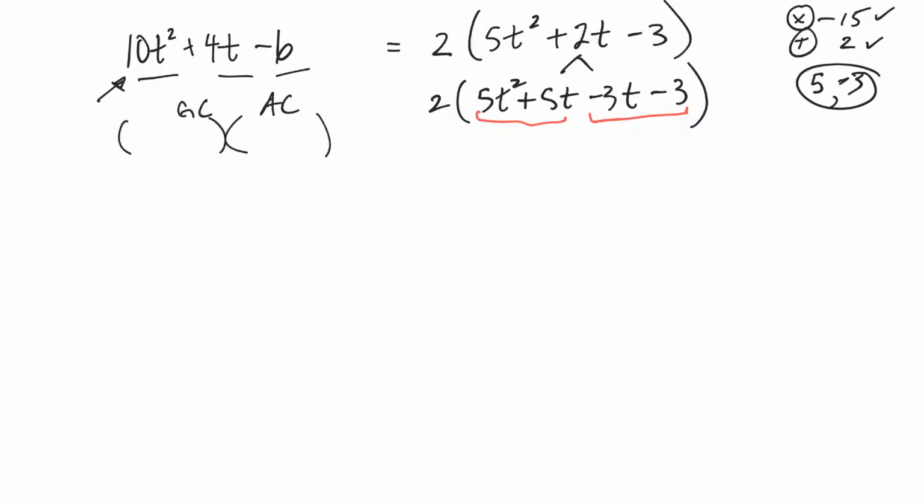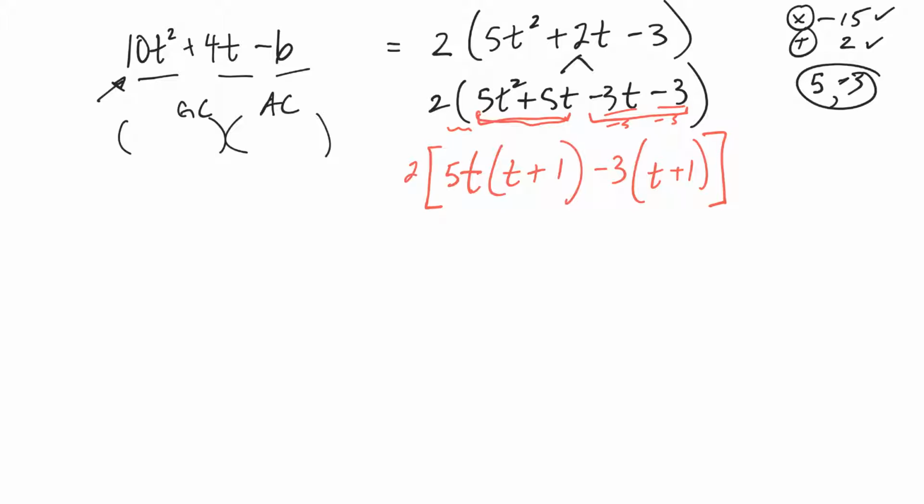I'm going to have sort of a double bracket kind of thing here, so maybe I'll put a 2 and then a square bracket. Out of these first two, I'm going to factor out a 5t. And that'll leave me with t plus 1. And then out of the next ones, I'll factor a negative 3. Divide this by minus 3, that'll be a t. Divide this by minus 3, that'll be a positive 1.